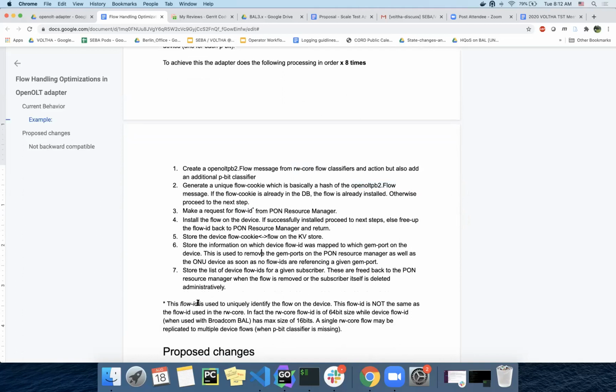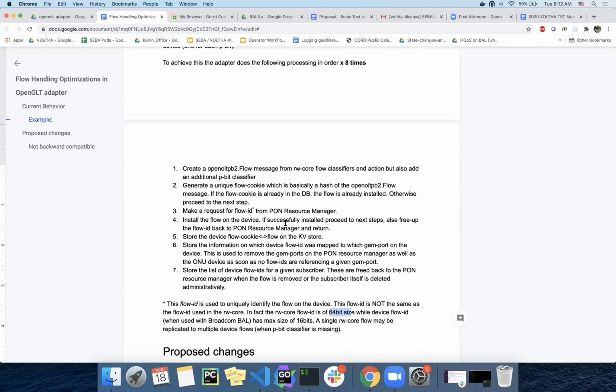This is the BAL flow ID. The flow ID coming from read-write core is 64 bits in size, but this flow ID has a max size of 16 bits, 65536. So you generate a unique flow ID. You just request the PON resource manager and it allocates a unique flow ID for you.